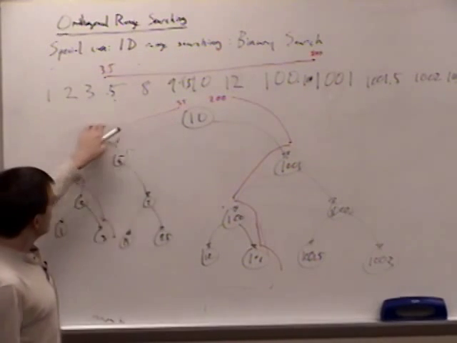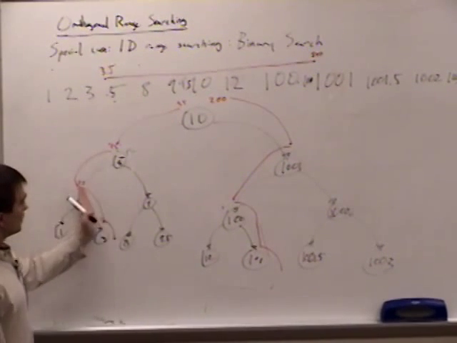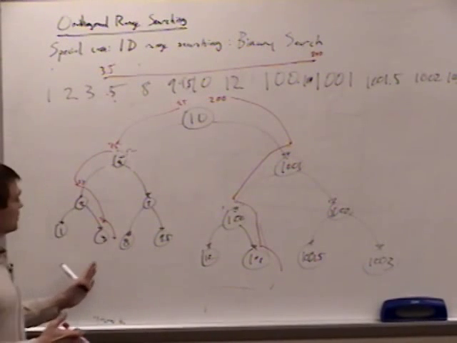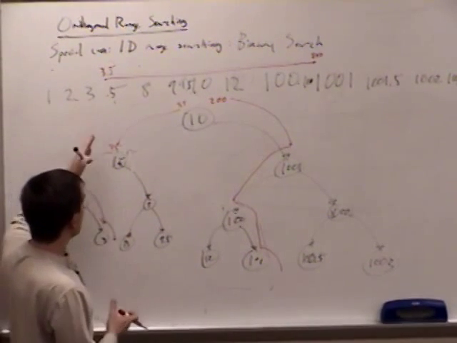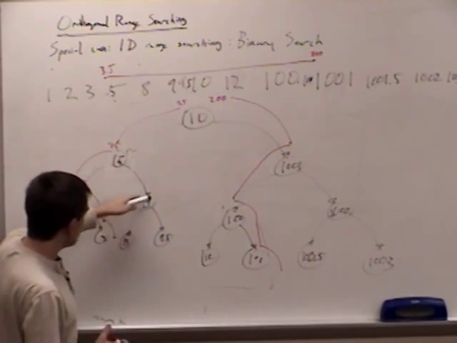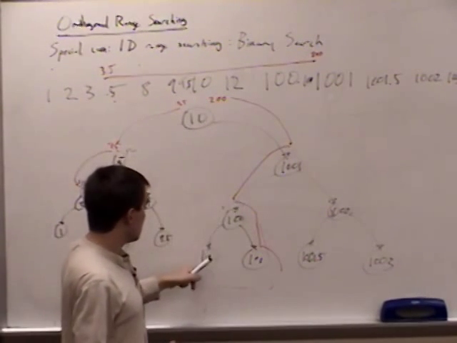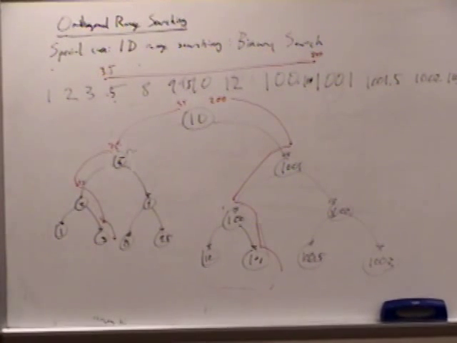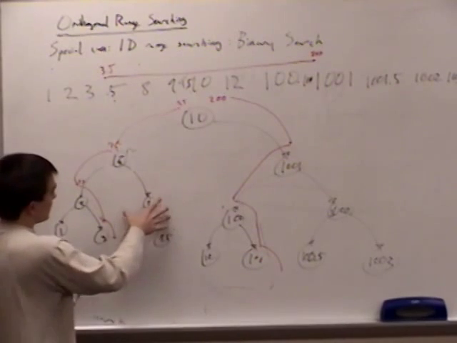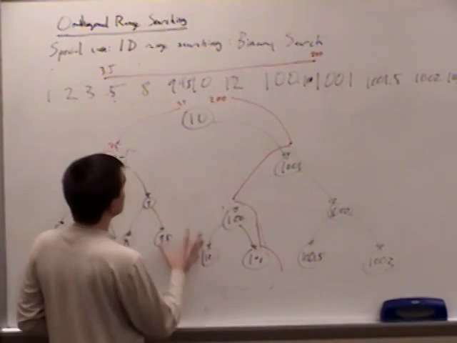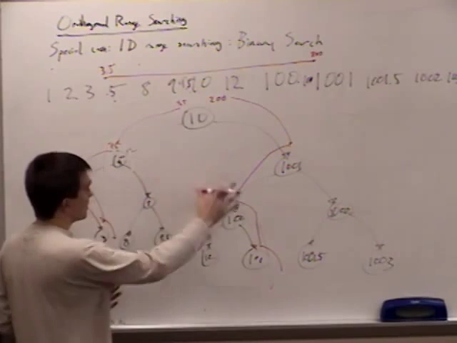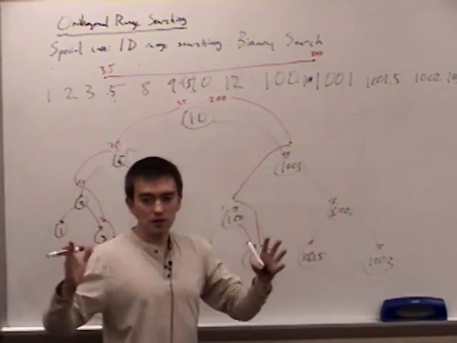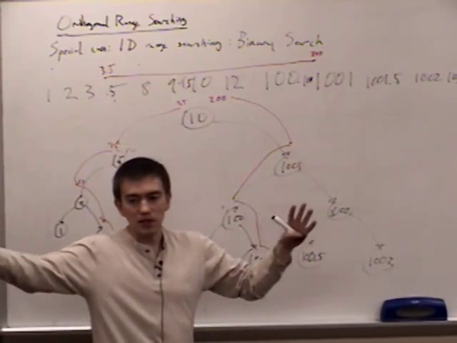Here's what we can see from this: if we look at where these nodes walk through the tree, we basically cut out this whole chunk of the original binary search tree. This is actually the original interval that we are going to be querying. So this contains 5, 8, 9, 9.5, 10, 12, 100, 101. Now, an interesting thing about this is that each of these subtrees contained inside here corresponds to some decomposition of our original range into dyadic intervals, which are intervals of size 2 to the n minus 1.